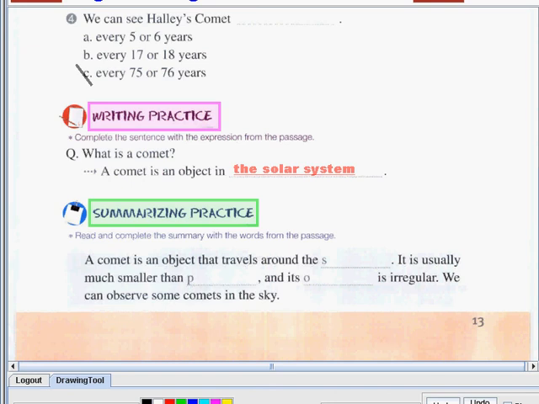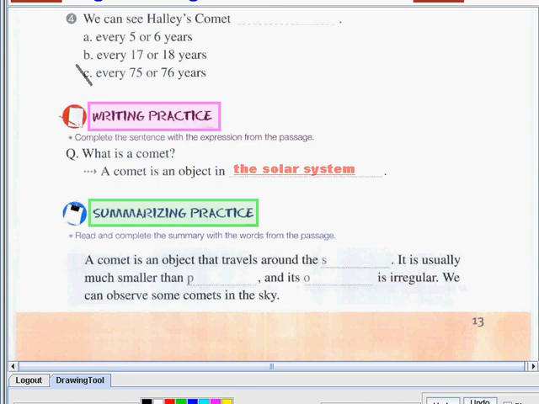So now we can move on to the last part of the activity, which is summarizing practice. So in this part, we are going to fill up the missing part, okay? We will find out the missing word for this paragraph. I am going to read it, and then I will give you some time to think about the right word for this paragraph to make it complete.